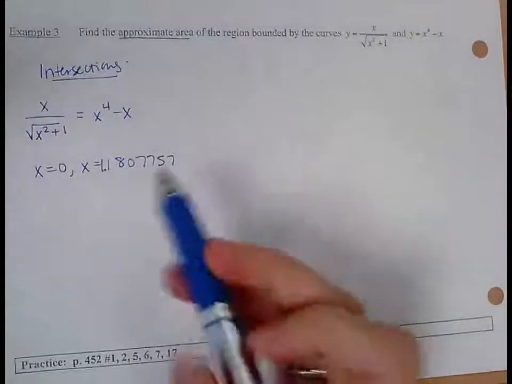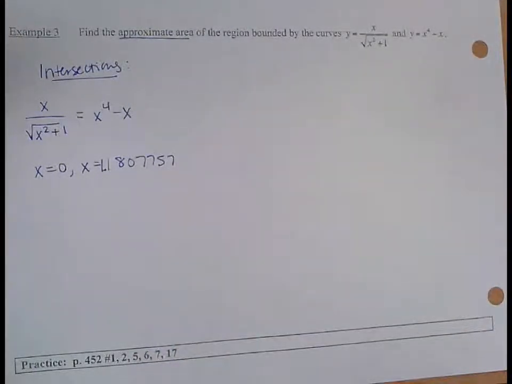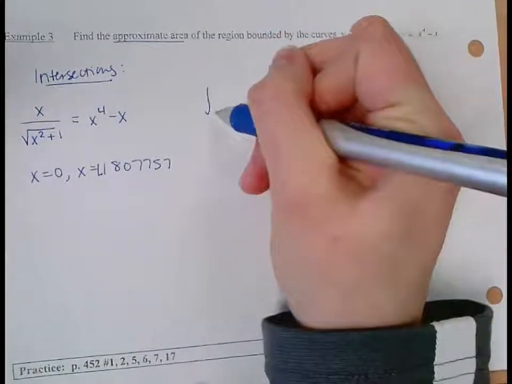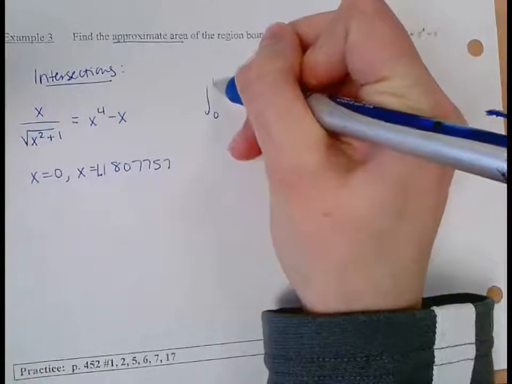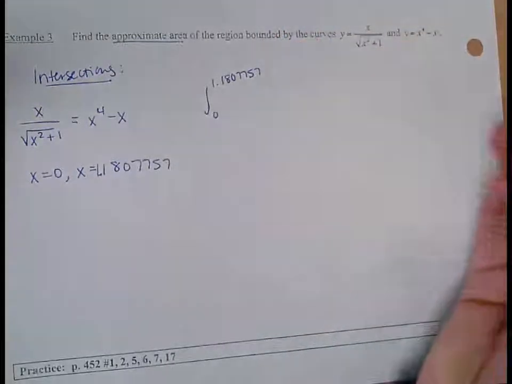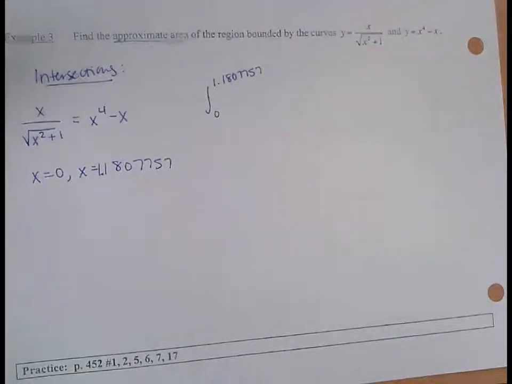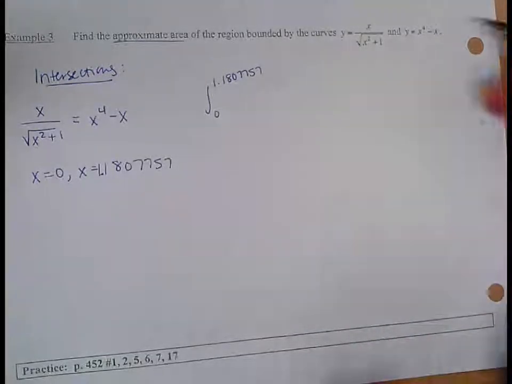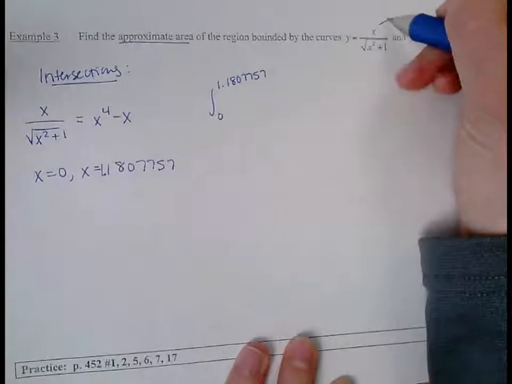Keep all of them. It is an approximation, but it's as many decimal places as you're given. And so then we would have the integral from 0 to 1.1807757 of which of the two curves was the top one. The first one given was the top curve.